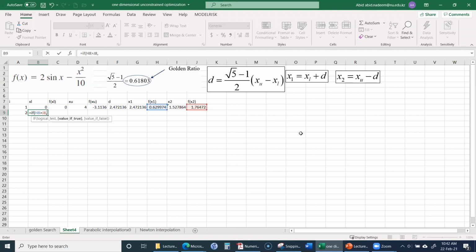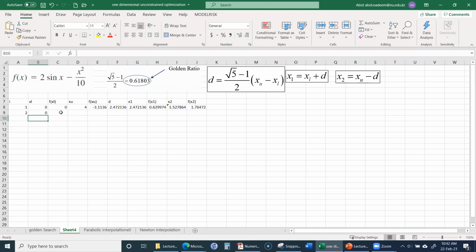So our xl will become equal to x2. If fx1 is greater than fx2, then this value will become equal to x2. If not, then this value will remain the same. So this is the condition.